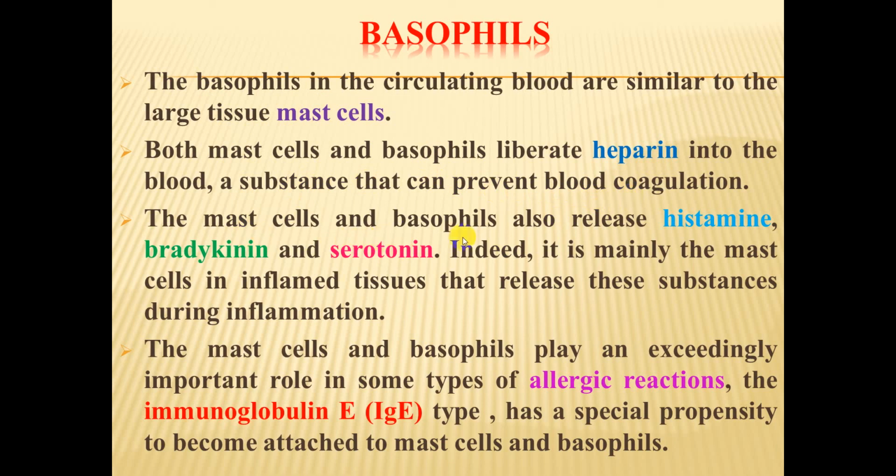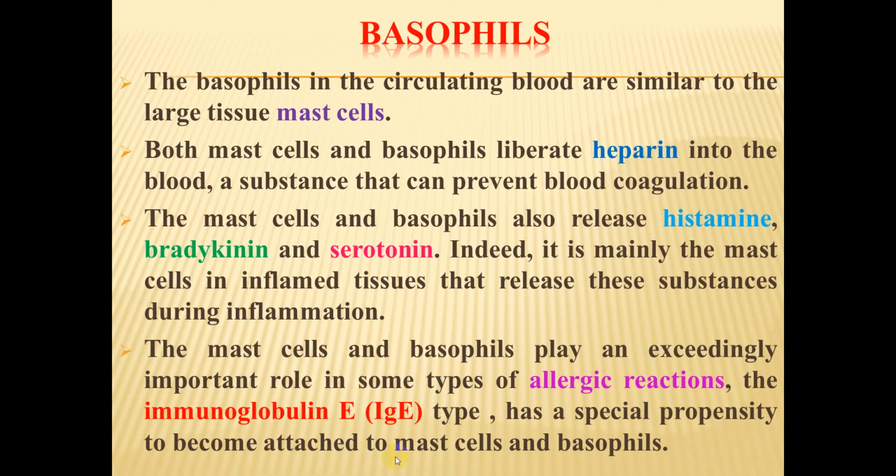Mast cell and basophil also release histamine, bradykinin and serotonin. احنا عرفنا لهم دور في response of macrophage to the infection. Indeed, it's mainly the mast cells in inflamed tissue that release substances during inflammation. The mast cell and basophil also play an exceedingly important role in some types of allergic reaction.